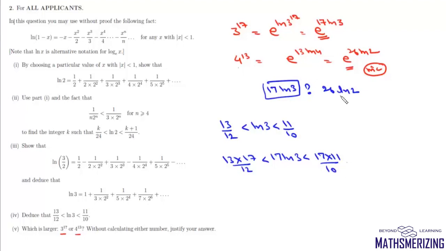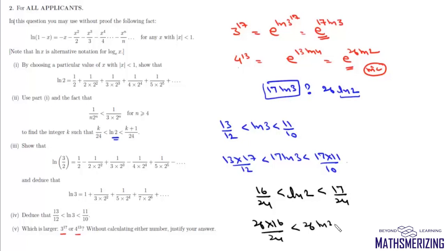And if we look at log 2, we know that the value of log 2 lies between 16 by 24 and 17 by 24. Now we multiply everything with 26, we'll get 26 into 16 by 24 is less than 26 log 2, and it'll be less than 17 into 26 by 24, which is 17 into 13 by 12.